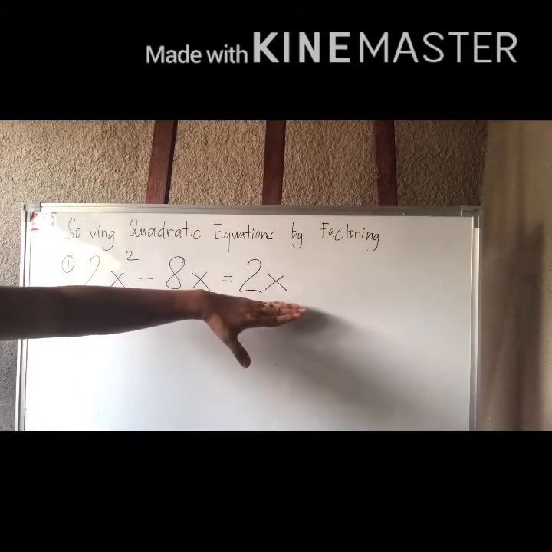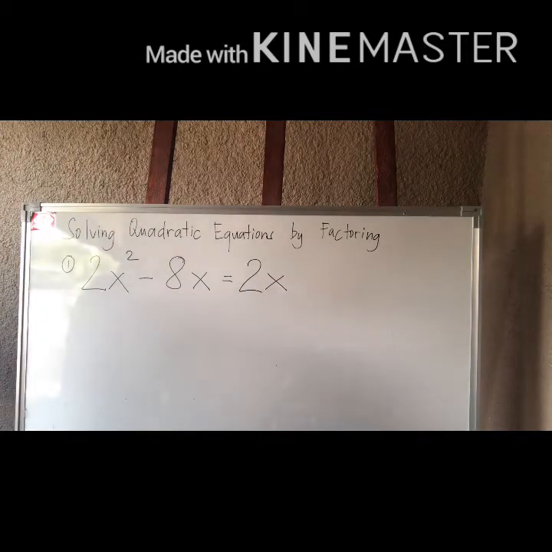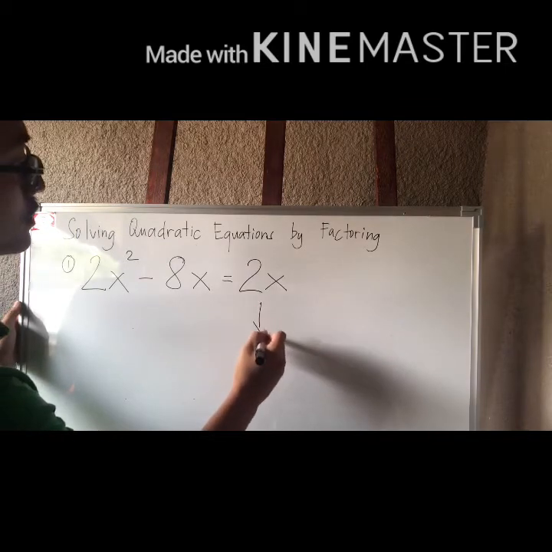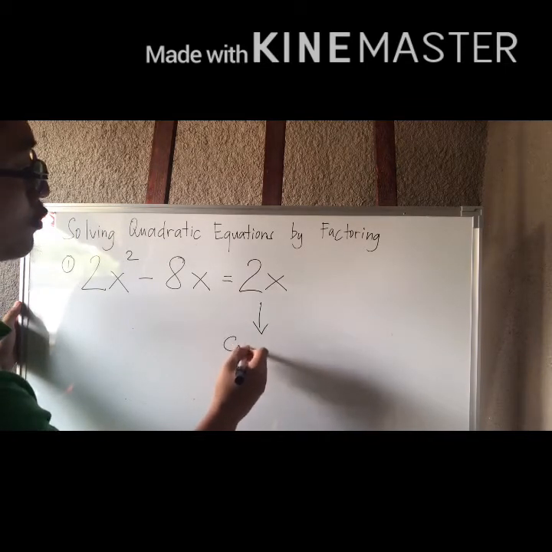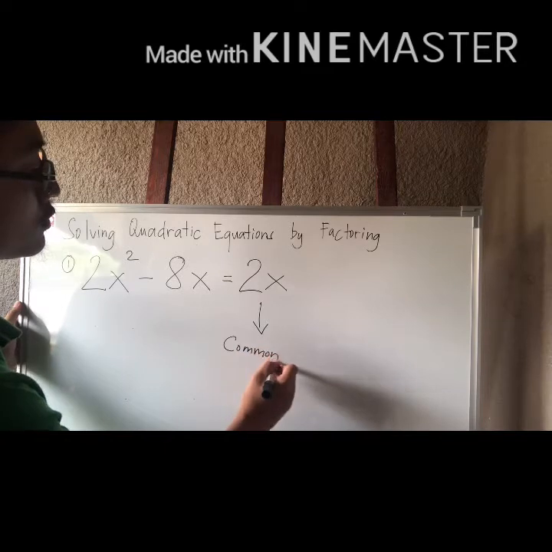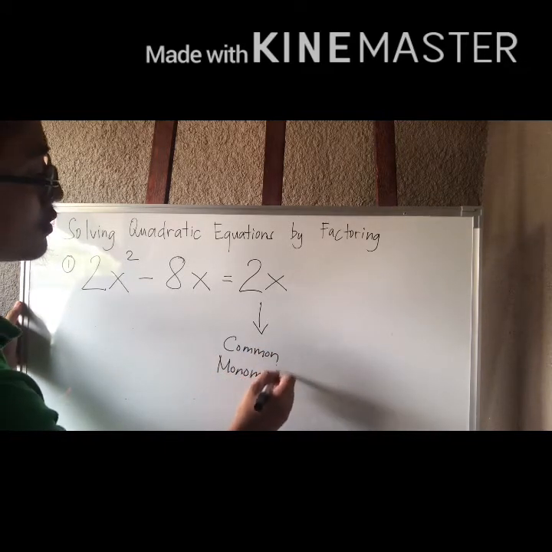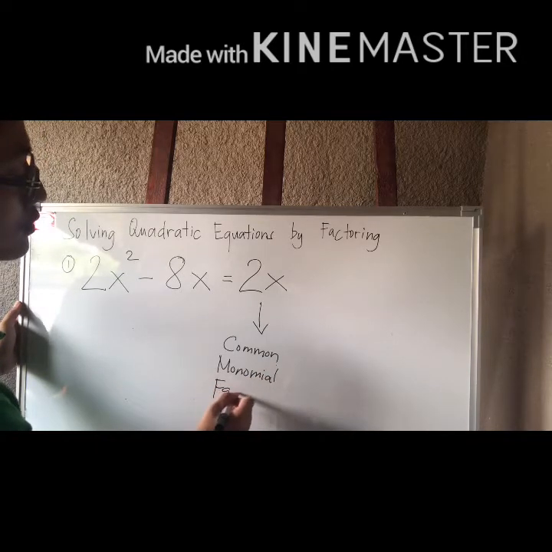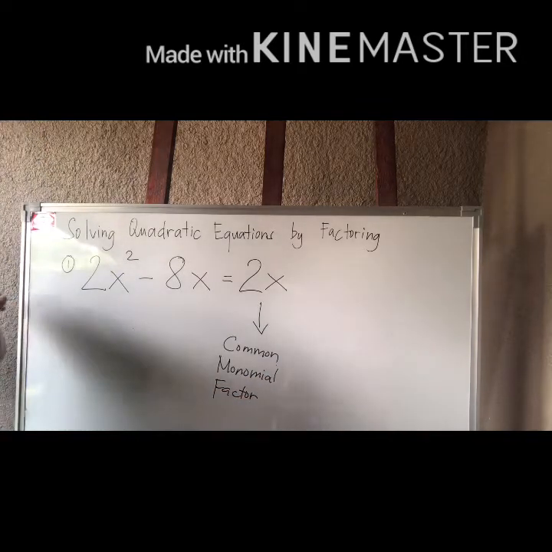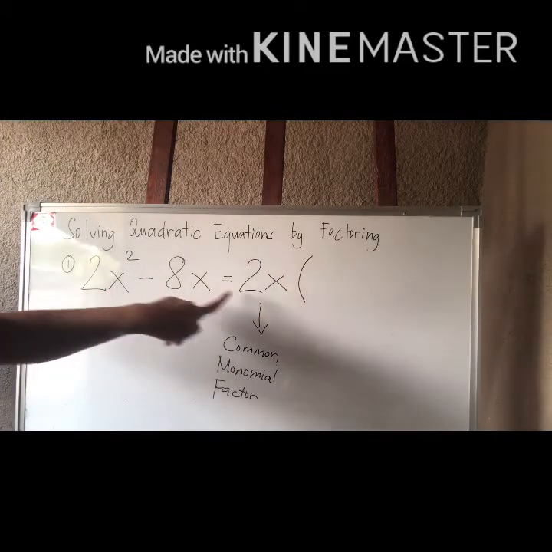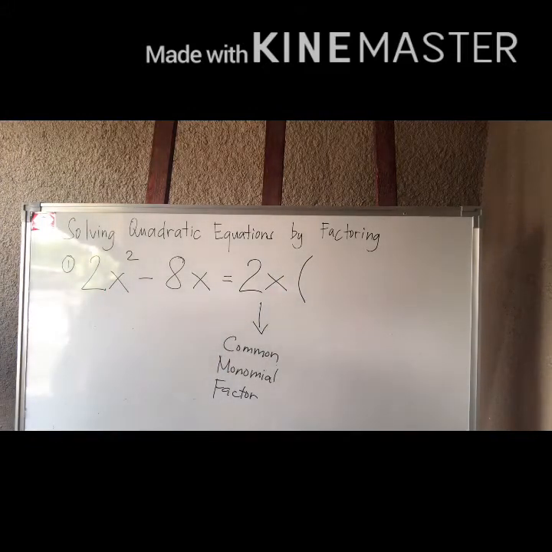So this is the CMF, or the common monomial factor. So this serves as the common monomial factor. So to get the other factors, what we're going to do is to divide each term by this GCF, or the common monomial factor.